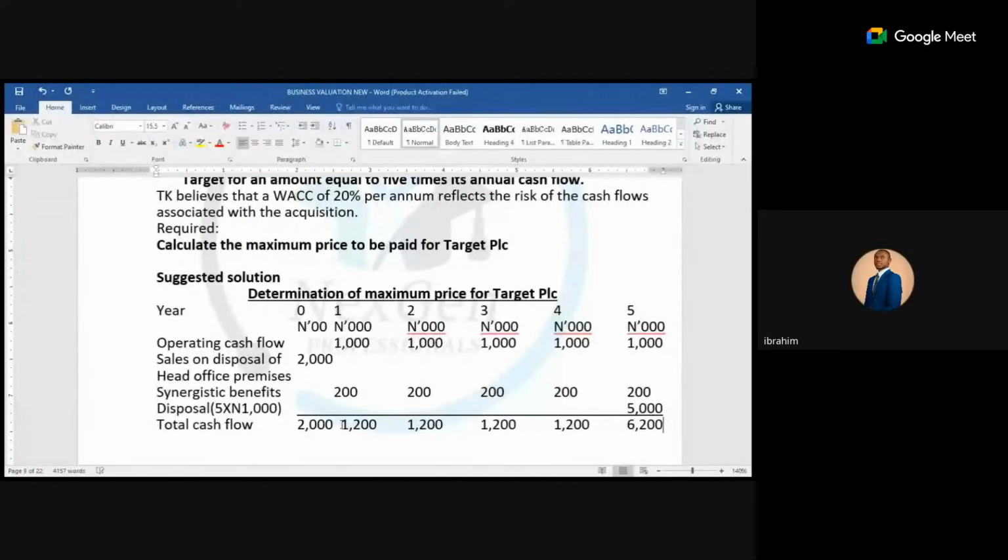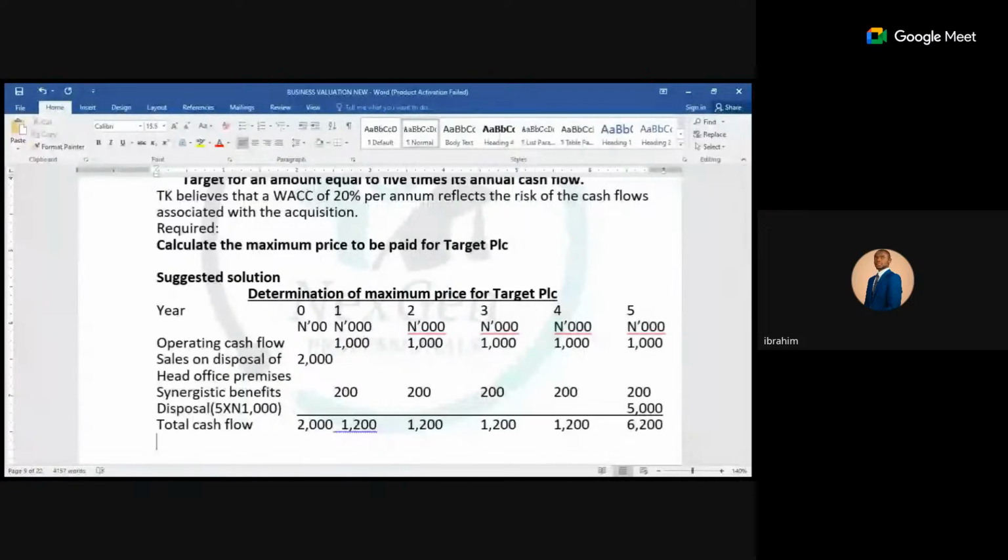Okay. Now, we need to discount because this is what this will give us for 5 years. What will be the present value of all this? Class, what will be the present value?